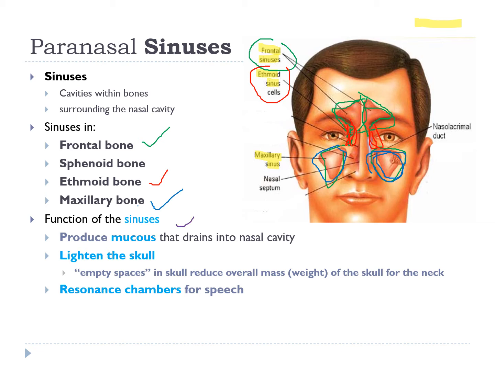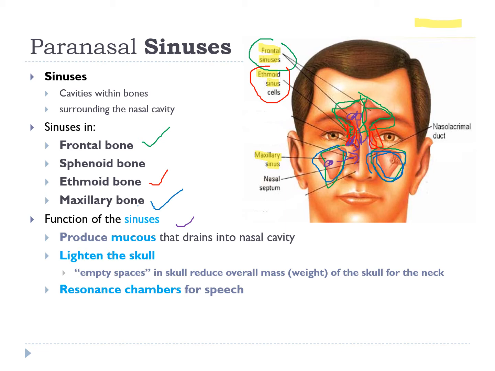So the mucus is produced here and here in your frontal sinus and ethmoid sinus, and in your maxillary sinus, and then all that mucus is drained into your nasal cavity, and that's to help wash out that dust debris that you're filtering out from the air in your nose.